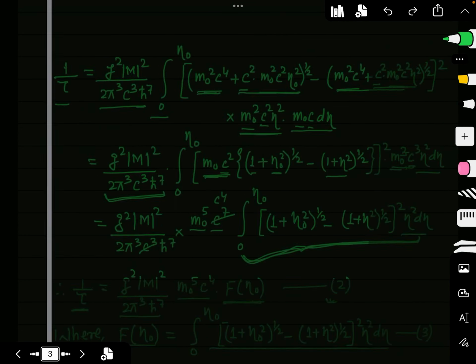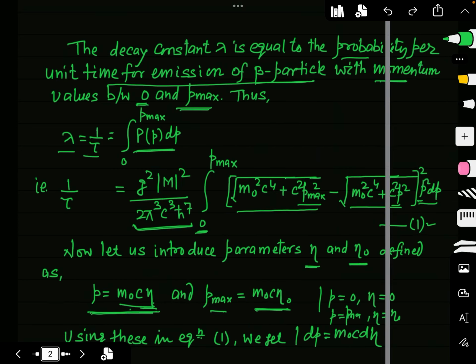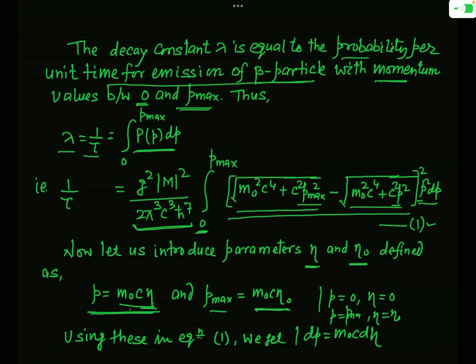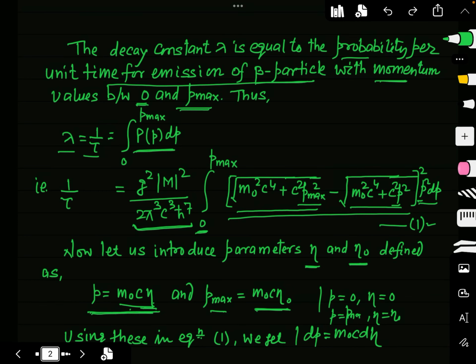Now see this integral in equation 1. We have to evaluate this integral when the energy of the beta particle is maximum, that is, when its energy is the end point energy.